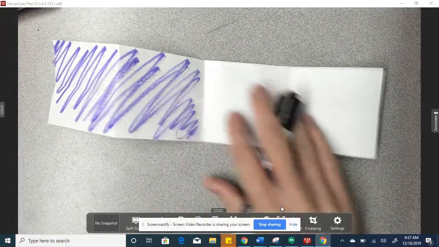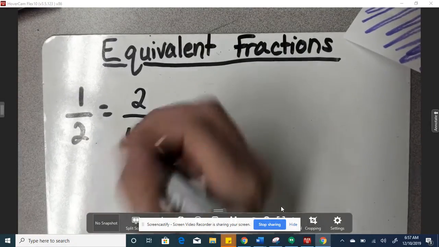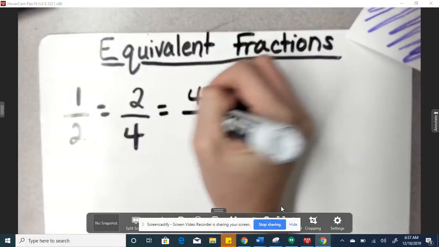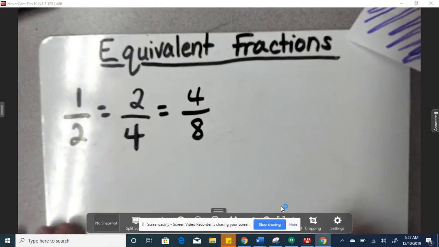So half of our entire paper is shaded, but 4 out of 8 total pieces are shaded.